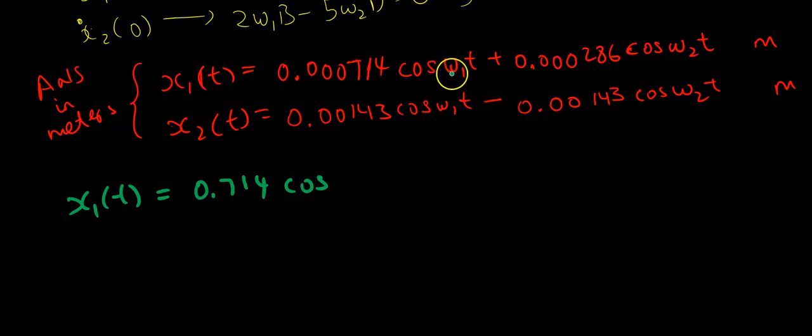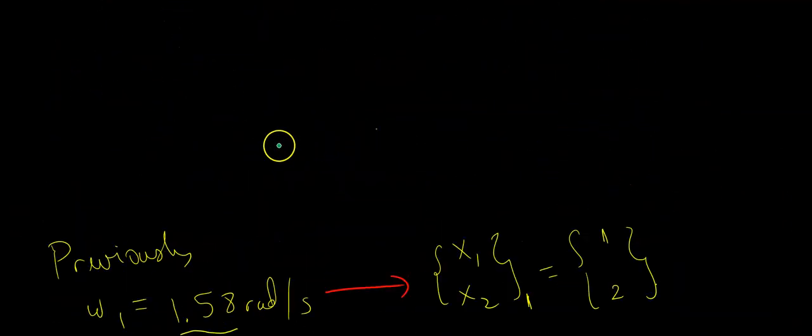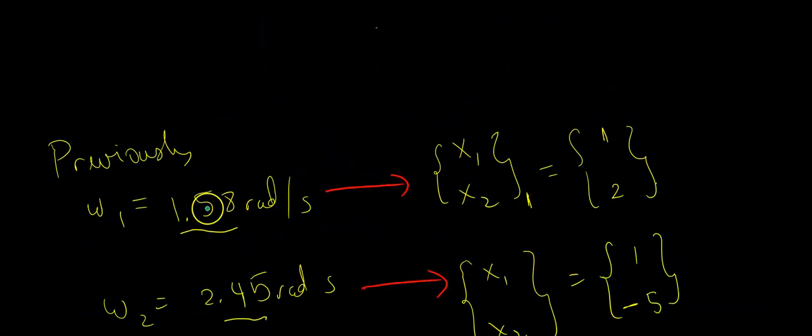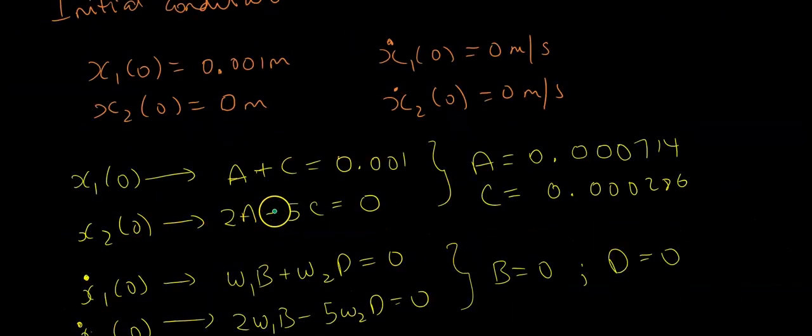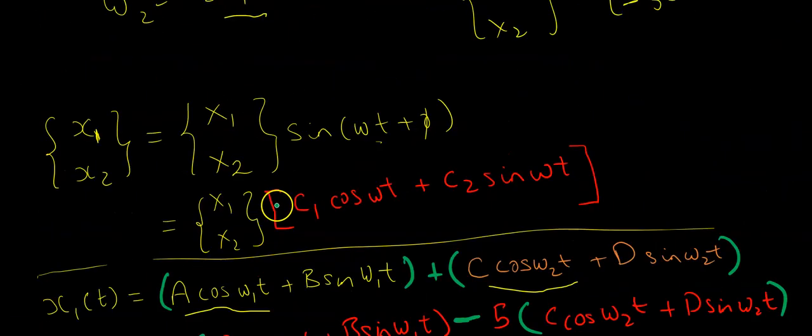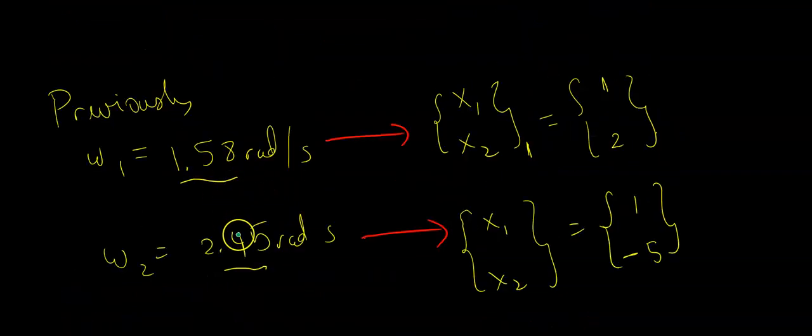And what I'm going to do is substitute the value for omega 1, because remember we calculated omega 1 all the way on the top here as 1.58 and omega 2 as 2.45, right? 1.58, 2.45.